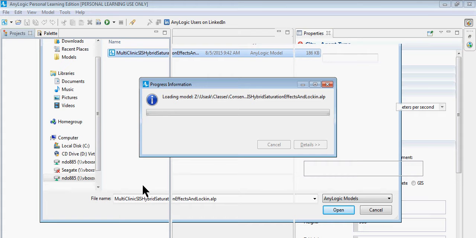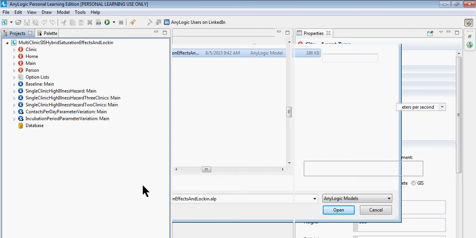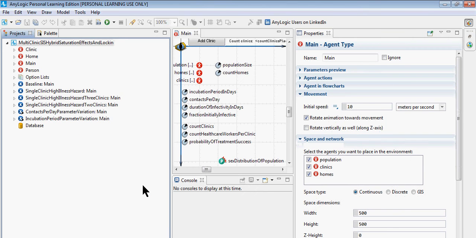To illustrate this, I would like you, ladies and gentlemen, to load up that multi-clinic model that I mentioned earlier. So I'm going to close all my models, of which I enjoy a few, and now open up the multi-clinic model.